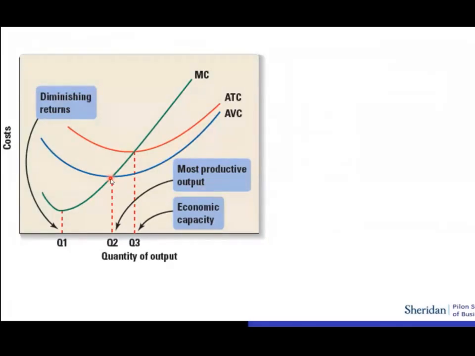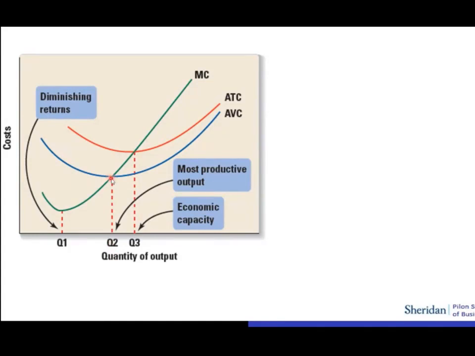If you're thinking of productivity, you could think of the output per person. That's equal to the average product. And average product is at its highest, where you're most productive per unit, when the average variable cost is at its minimum. And so that's why we say that Q2 is the most productive output.